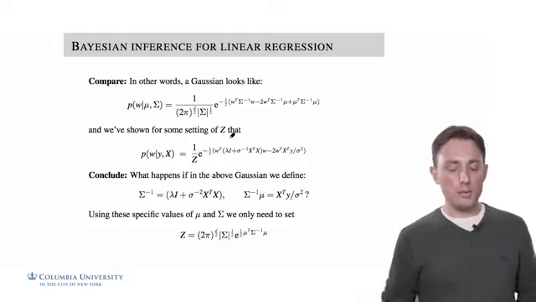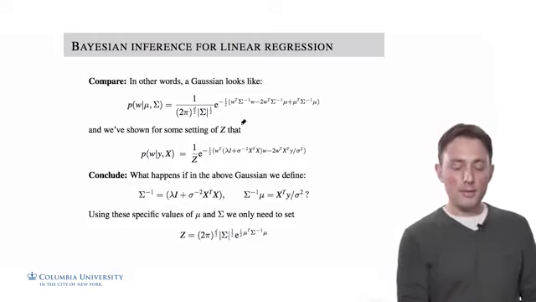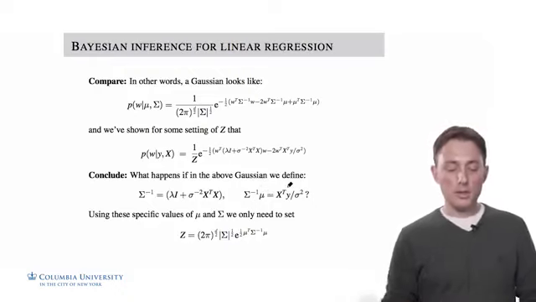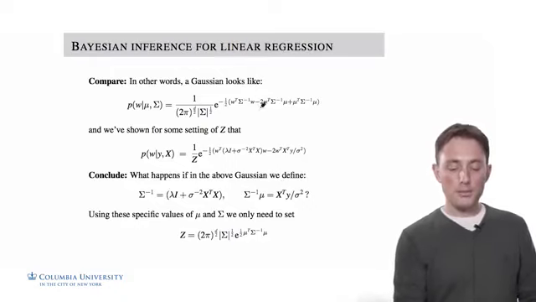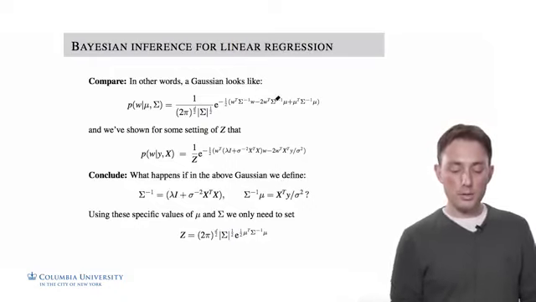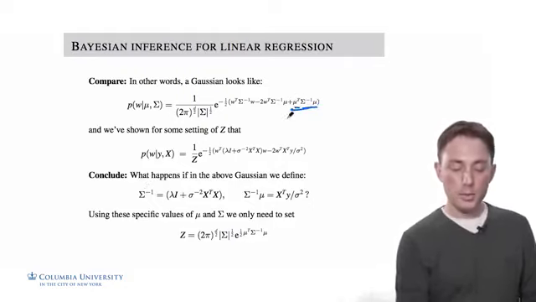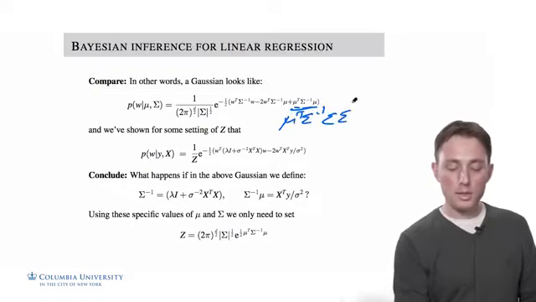Immediately we're able to conclude that for this Gaussian, if we define sigma inverse to be equal to this, and we define sigma inverse times mu to be equal to this, we plug in this term for sigma inverse mu here, and this term for sigma inverse up here. Then we have to do something clever here: we have mu transpose sigma inverse times sigma inverse mu.